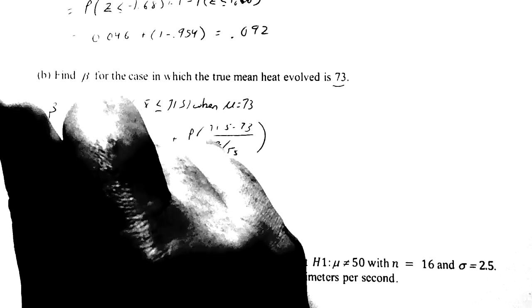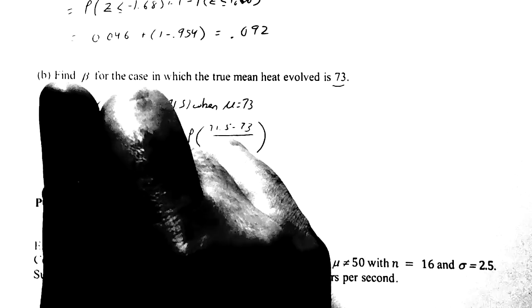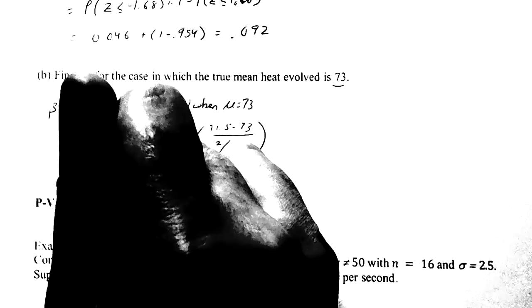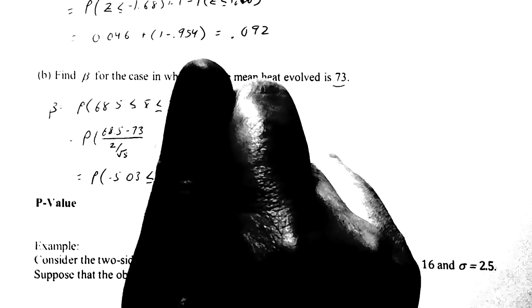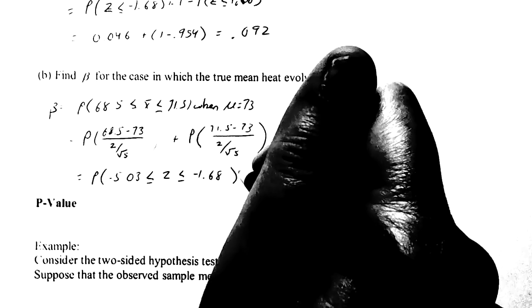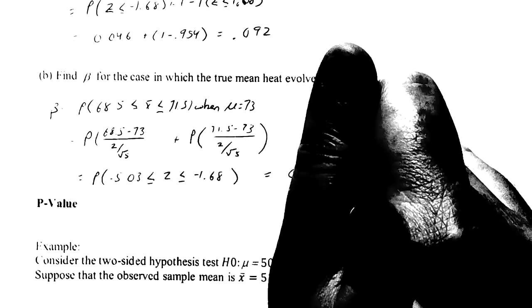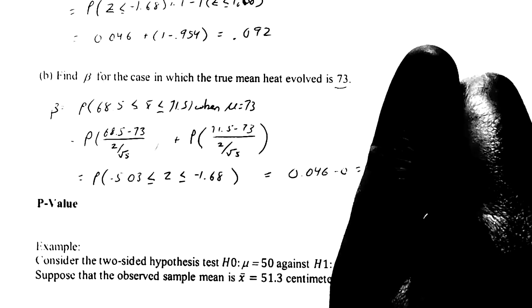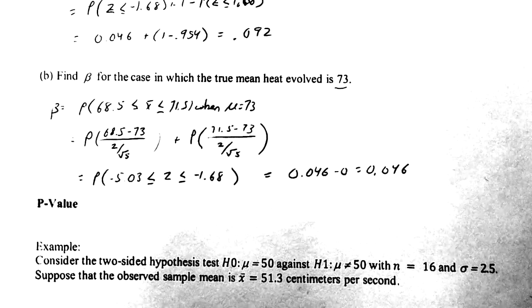And so that is equal to the probability that z is between negative 5.03 and negative 1.68. Again, you look up those z values on the table, and you have 0.046 minus 0, or 0.046 as beta.